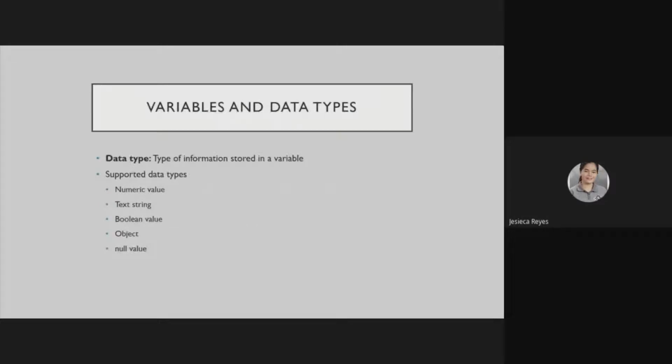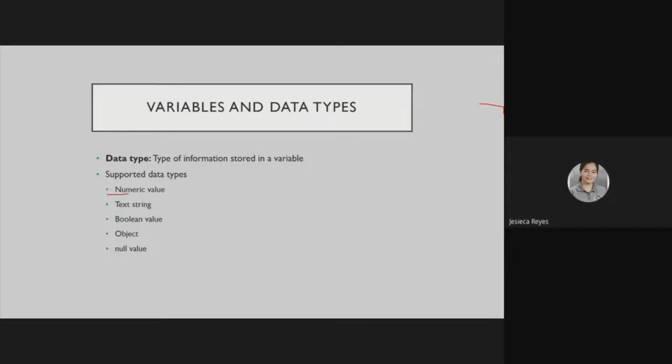And also, you can specify the data type using the value being assigned to the variable. So the data type is the type of information stored in a variable. And these are the supported data types in JavaScript. So we have here the numeric value, the text string, the Boolean value, the object, and the null value.